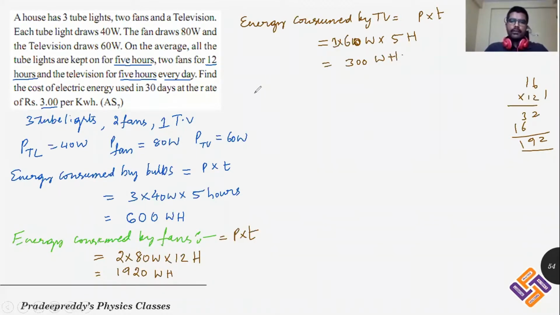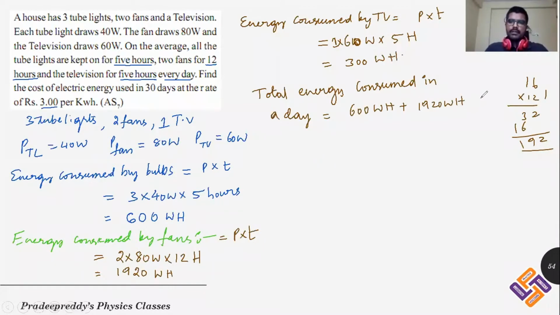So I can now write total energy consumed in a day, which is equal to 600 watt hour plus 1920 watt hour plus 300 watt hour.